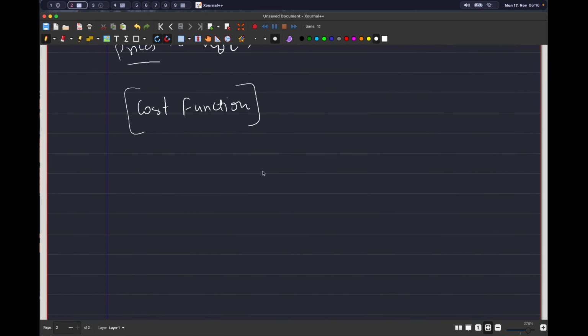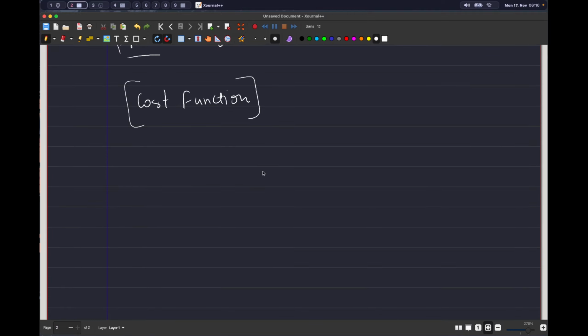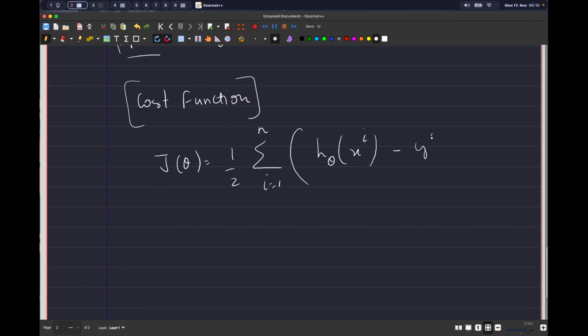The use of the cost function is that it will give us the idea of how far we are from the original prices. So in the case of linear regression, let's define a cost function J theta as half of the sum from i equals 1 to the number of training samples of h theta of x i minus y i, the whole square.